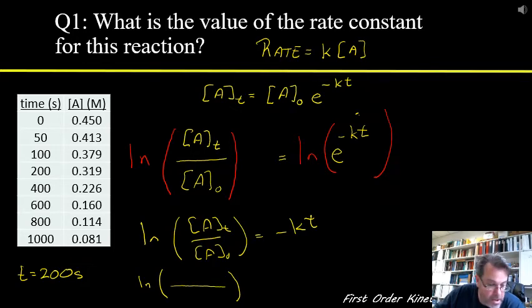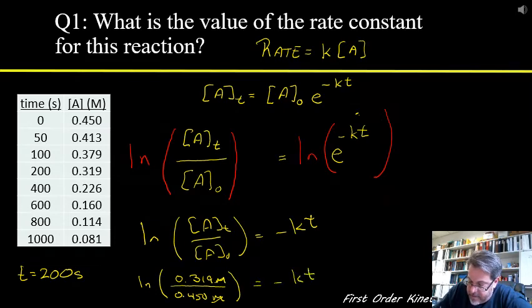So the natural log at 200, the concentration is 0.319 molar, and the initial concentration is 0.450 molar. The molarities cancel out, and that gives us a unitless fraction here. That's good, that's what we want. So this equals negative kt. I'm running out of room, so make sure you got that in your notes. I'm going to erase this, and then we'll finish the rest of the problem. Give me just a second to erase.